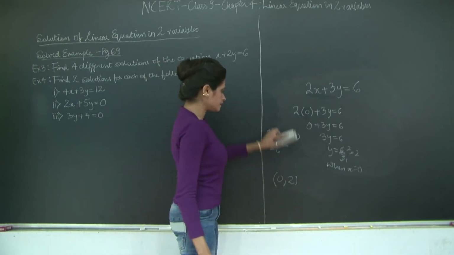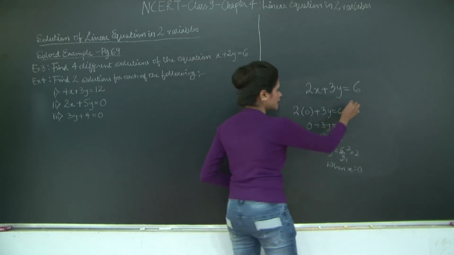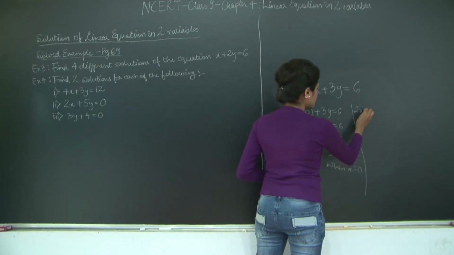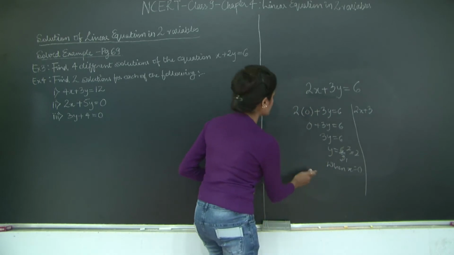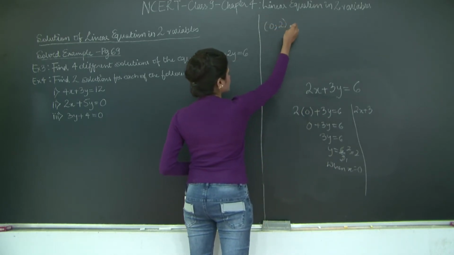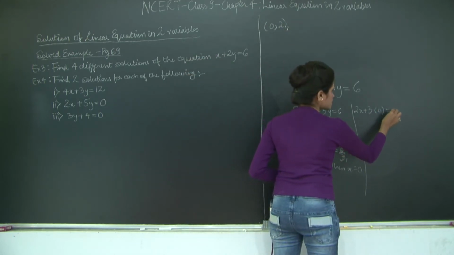Now another thing, let's substitute y as 0 and find out. I'll write the solutions on top. I had 0 comma 2. 2x plus 3 into 0 is equal to 6.